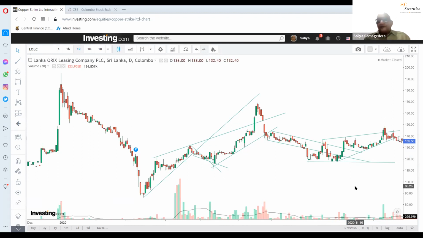Right? So at any given moment, when we are drawing the lines by using the low points or the high points, we need to understand that we are looking at the support and the resistance and how the prices are behaving within those two areas, whether the prices are breaking out of the resistance line or whether the prices are breaking out of the support line.